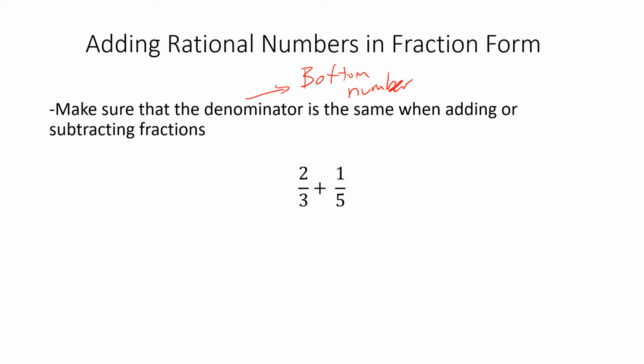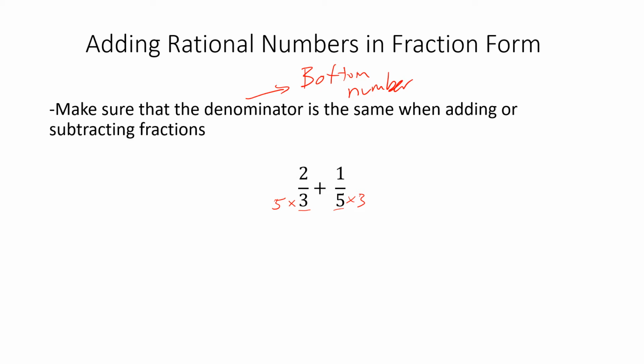Right now they're 3 and 5, so they are not the same. The easiest way to make them the same is to multiply them by each other. So multiply this one by 5, and then multiply this one by 3.